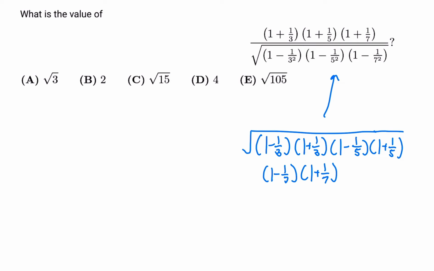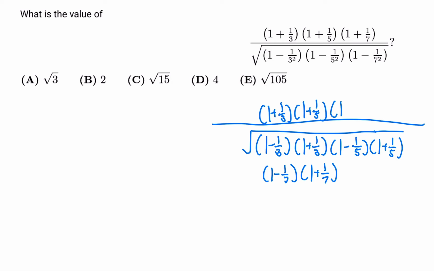And then we want 1 plus 1/3 times 1 plus 1/5 times 1 plus 1/7. And now we spot the common terms, because these terms are also in the numerator.